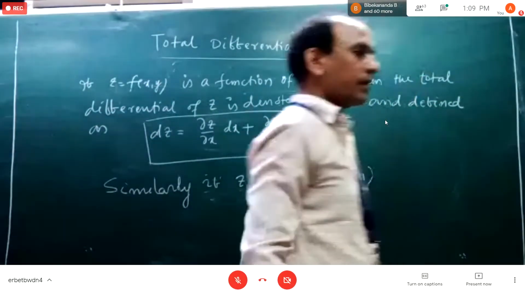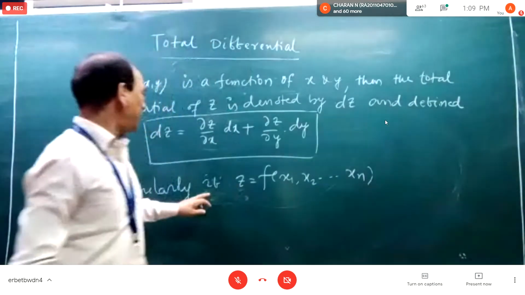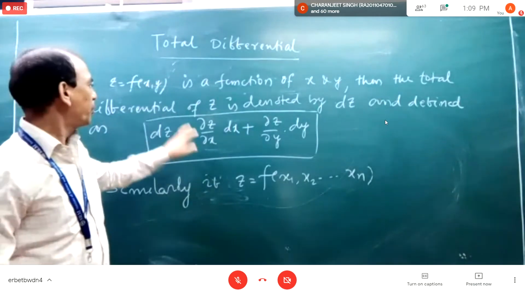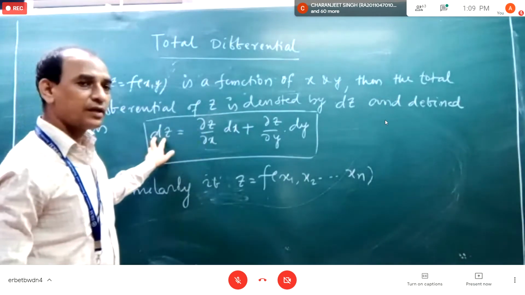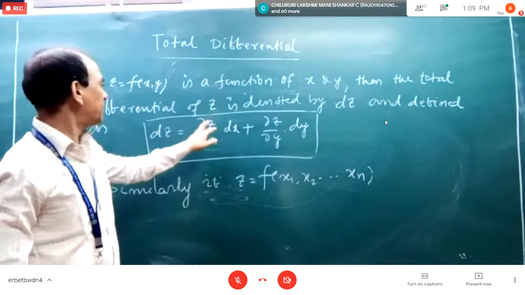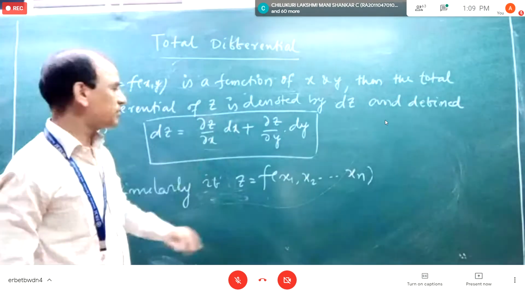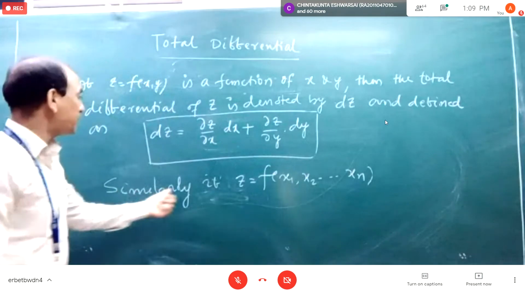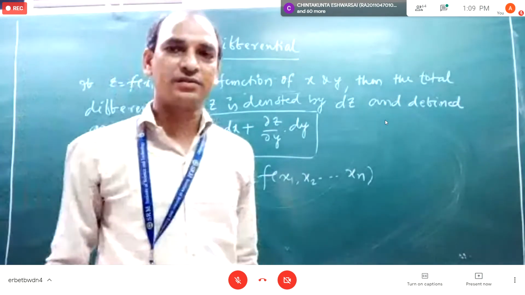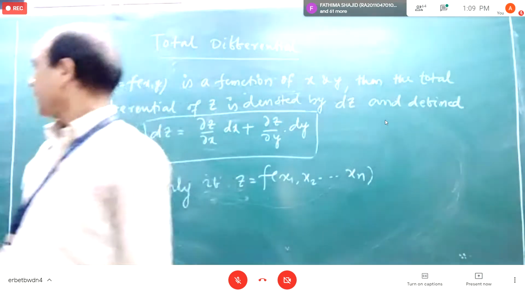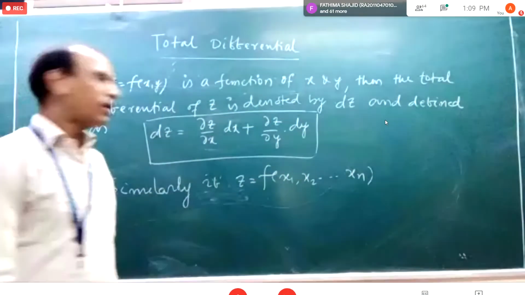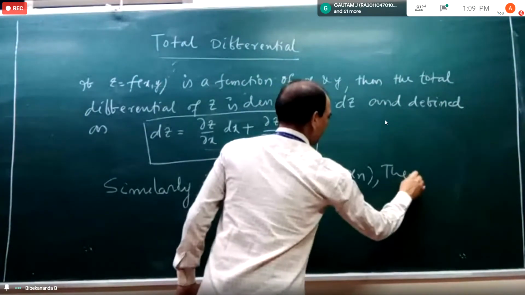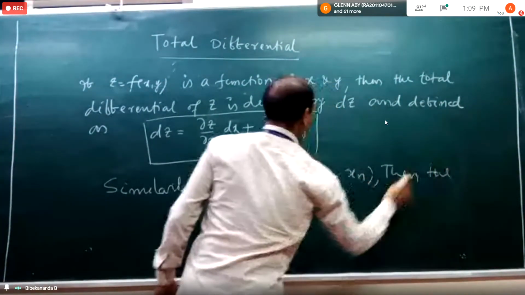So similarly, whenever there were two variables, we were writing the total differential for z as dou z by dou x into dx plus dou z by dou y into dy. Now, if z is a function of n variables, then what will be the total differential?